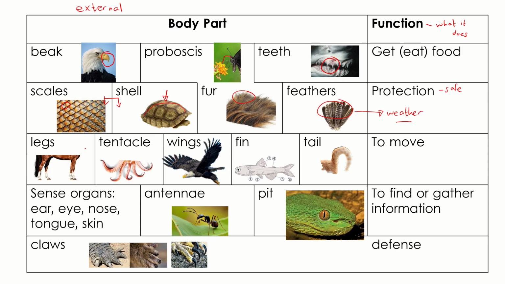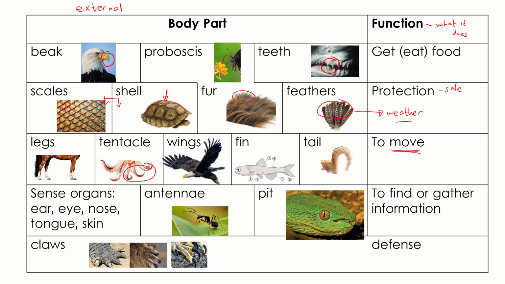The next things we're going to look at, the next structures, help animals move. So any kind of movement, they help them with. Like the legs. Legs help the animal to run. Tentacles on the octopus help the octopus to swim, to move around in the water.